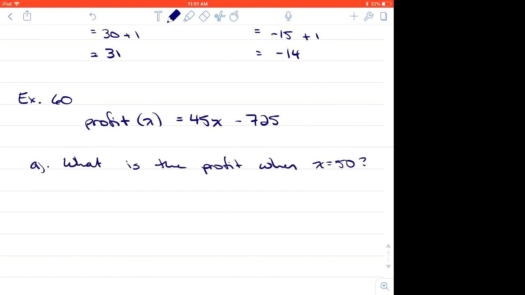So if you've sold 50 things, then you want to find the profit using the same notation, right? The profit of 50 is going to be, and I write my plain equation, 45x minus 725.